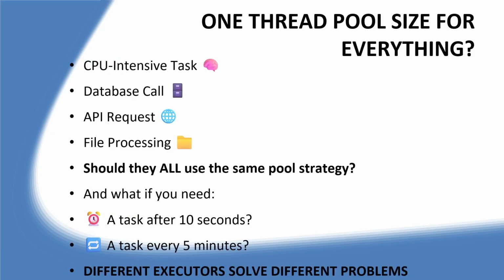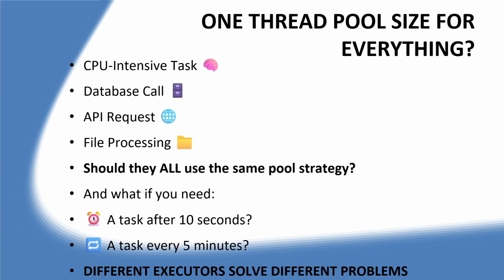Now we know how to create a fixed thread pool. But here is the next question. Should every application always use the same type of thread pool? What if we need a pool that can grow when needed? Or what if we need only one worker thread, so tasks execute sequentially?